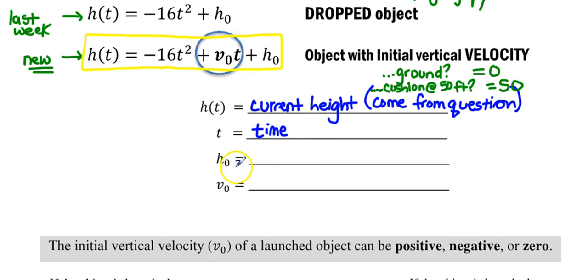What's h naught? H naught is our initial height. And then we've got our new guy here, v naught, which is going to be our initial velocity.